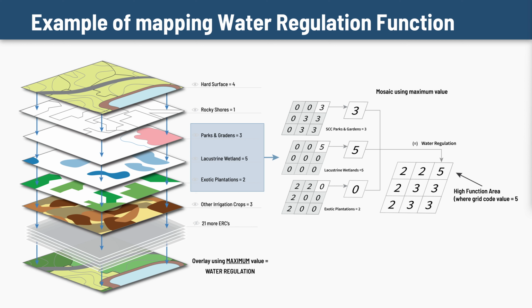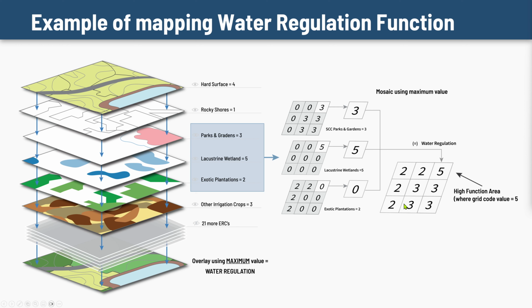So in the end, the outcome was the production of a map showing the relative performance of each ecosystem function within each 10 meter by 10 meter cell in the entire Sunshine Coast region. Let's look at the water regulation function again in the mapping tool. Now, before we do so, I want to draw your attention to the numbers here in the little diagram.